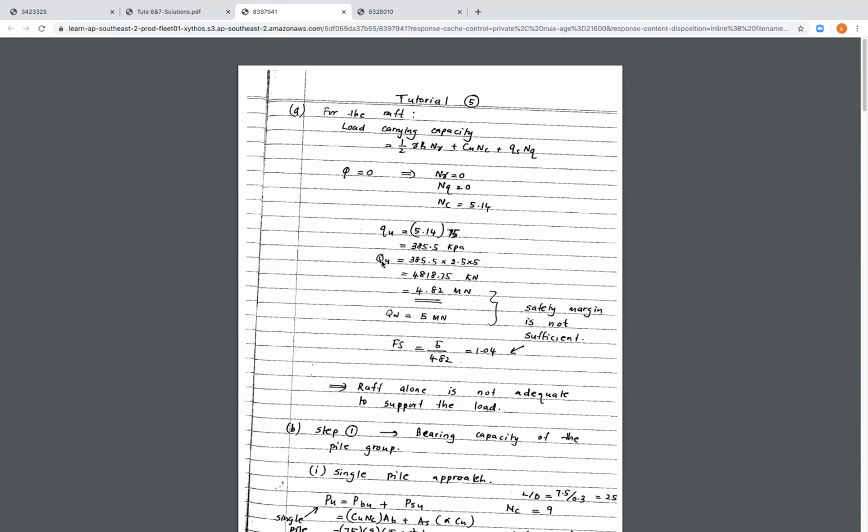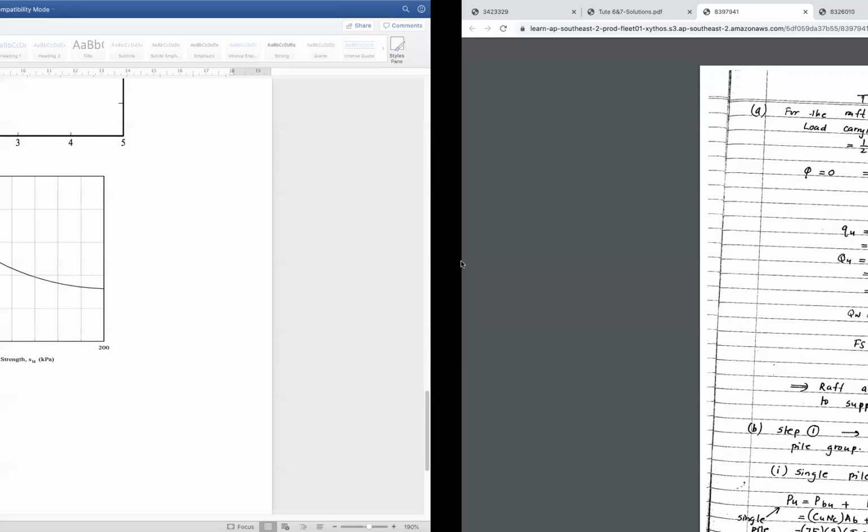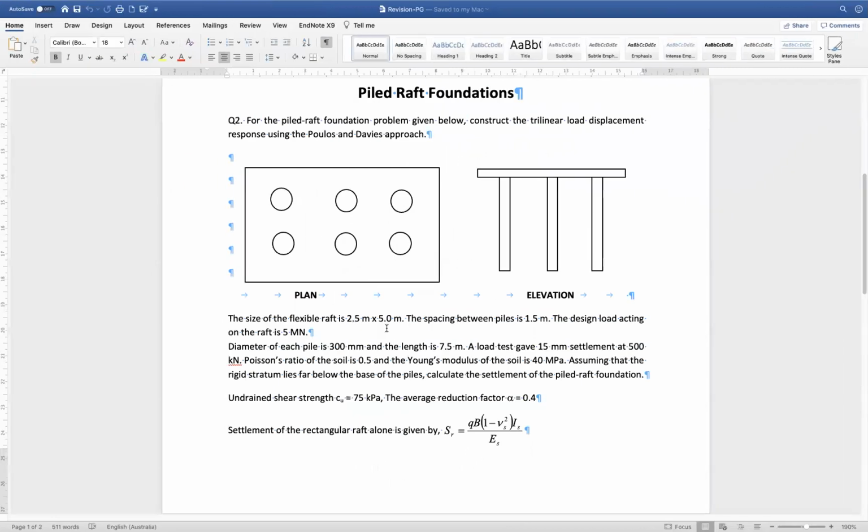And to find the ultimate load carrying capacity here, we need to multiply by the raft area, which is given as 2.5 by 5 meter.